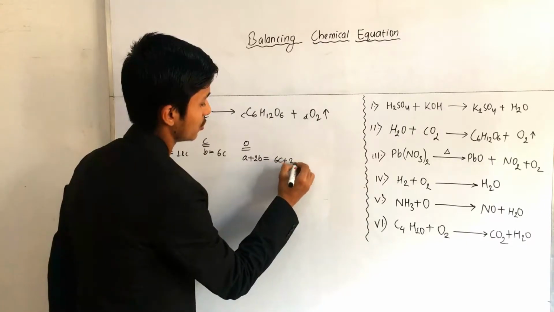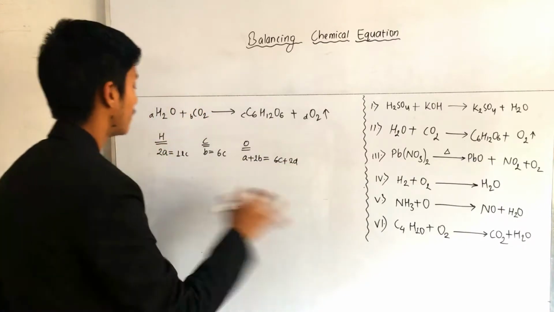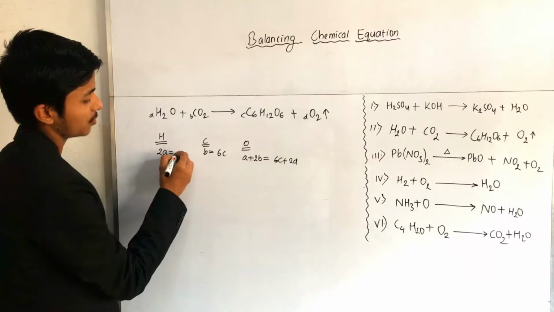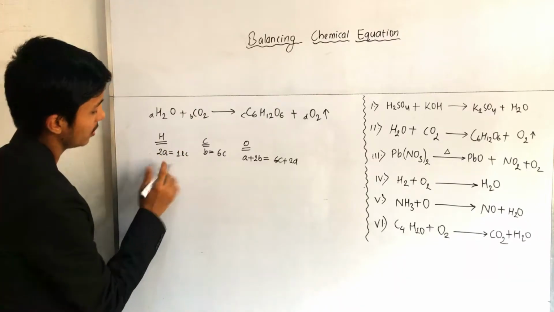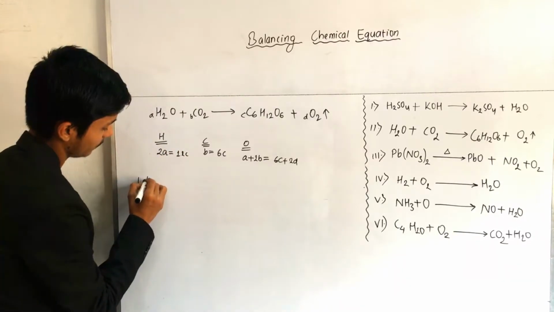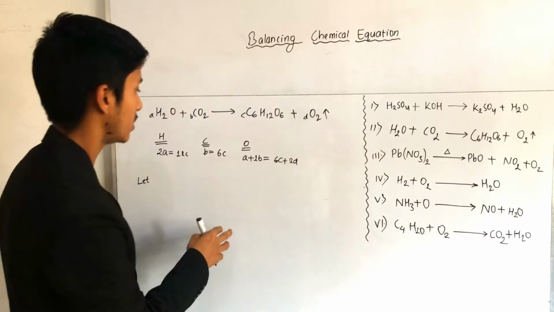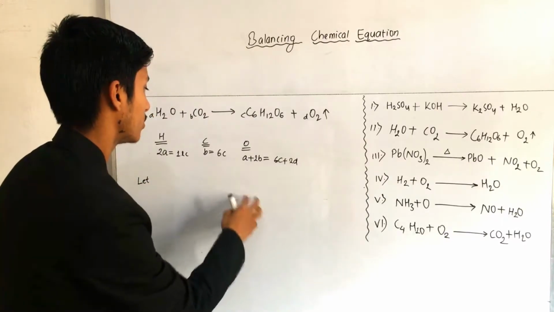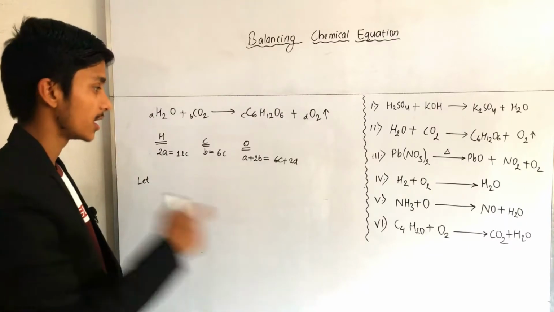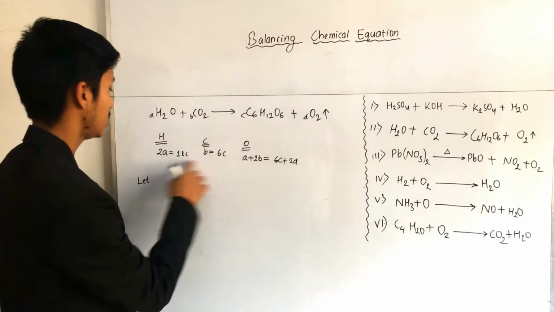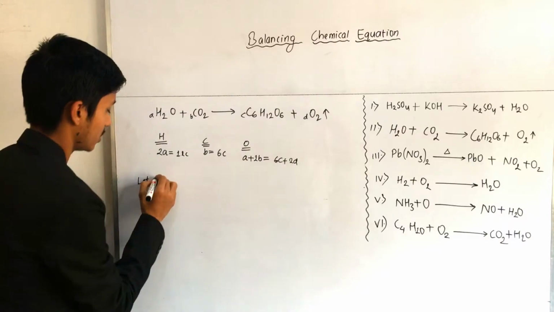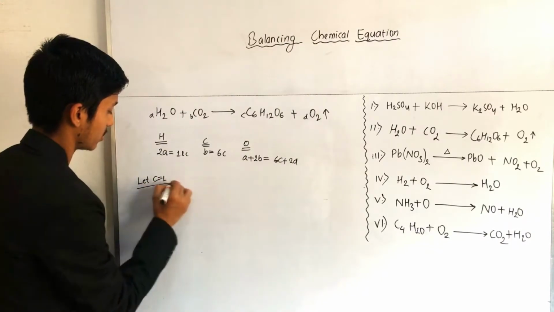This is a very famous and successful method. Now we let any value be 1, whichever is repeated. Here C is repeated, so we let C is equal to 1.